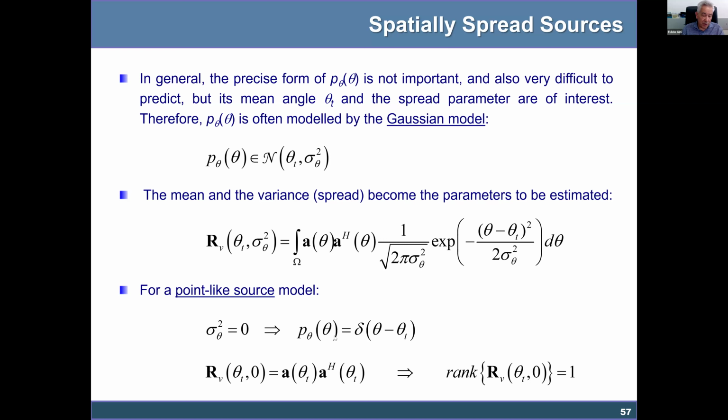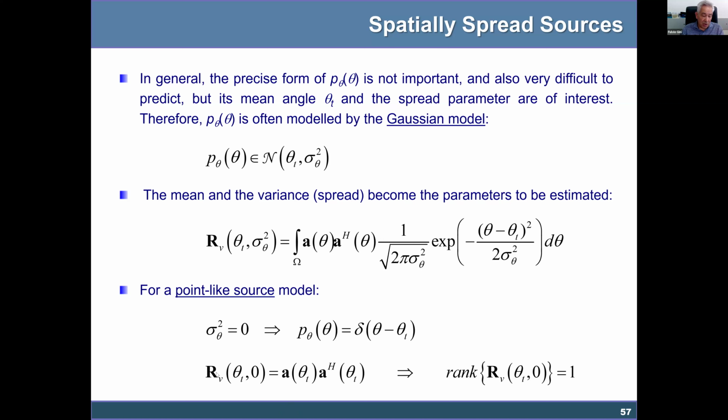And as I said before, the point-like source model is a particular case that is obtained if you replace the Gaussian with the Dirac delta function. So if you make this replacement, the dispersion is zero because all the power comes from direction theta t, and this direction is also the barycenter.